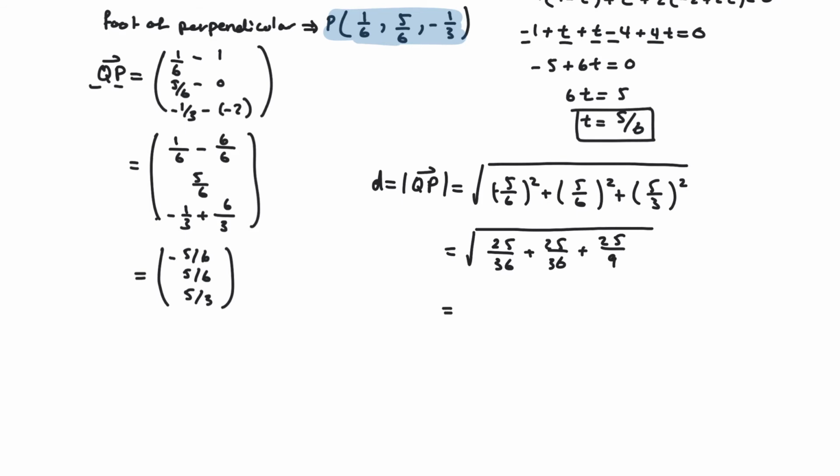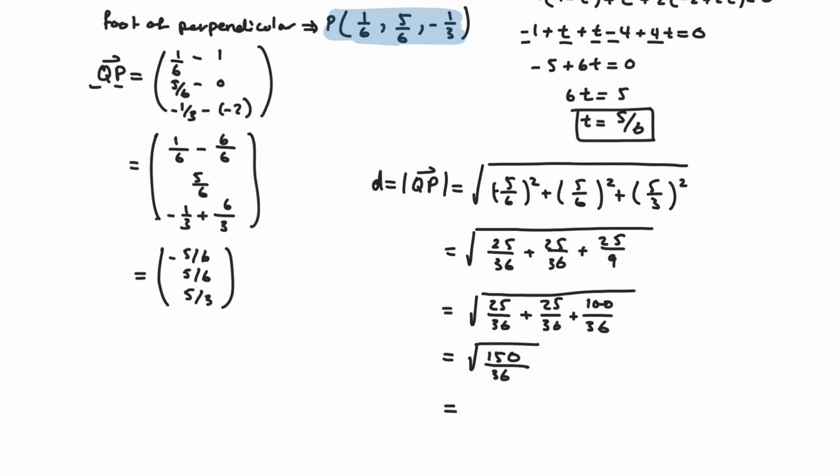I'm going to get a common denominator of 36. So we're going to have 36 plus 36. We get 25, 25, and we need to multiply the other one by 4 to get 100.